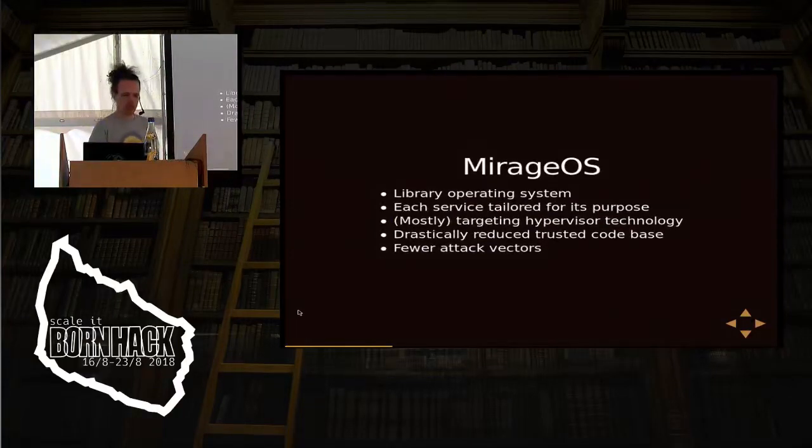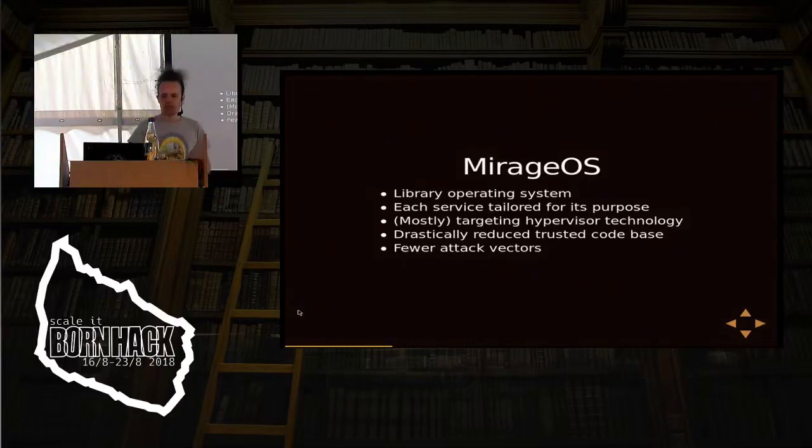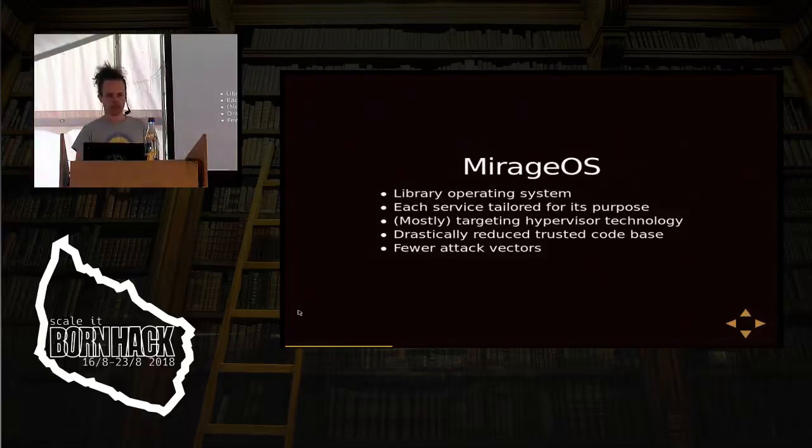So what is MirageOS? MirageOS is a library operating system where each of these systems is tailored exactly for that purpose: a single-purpose virtual machine. It mainly targets hypervisor technology as well, but we reduce the trusted code base, so we reduce the attack surface drastically, and we also reduce the number of attack vectors.